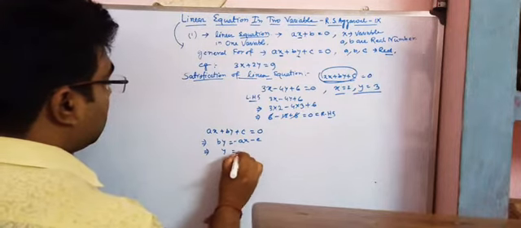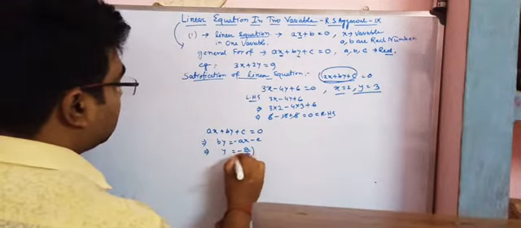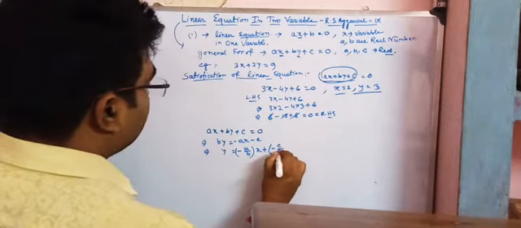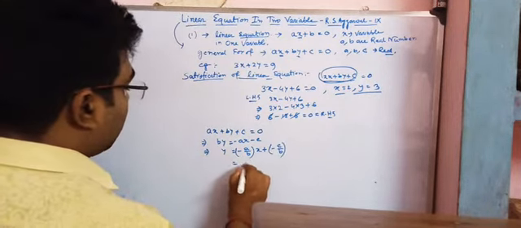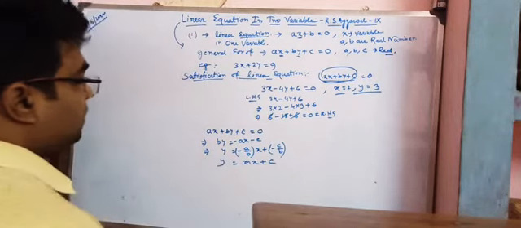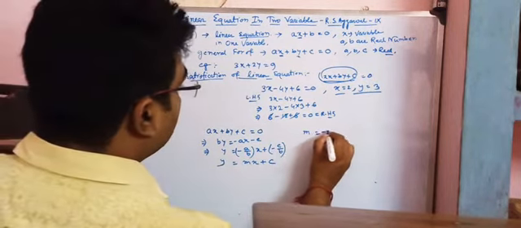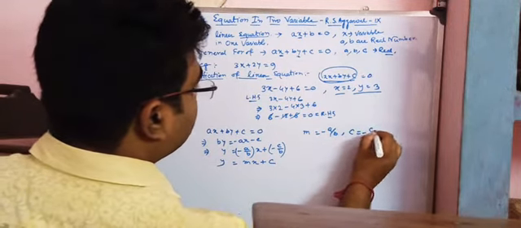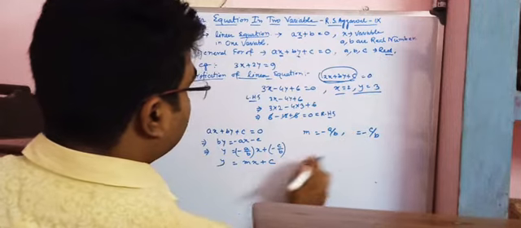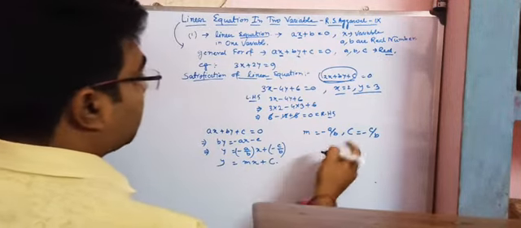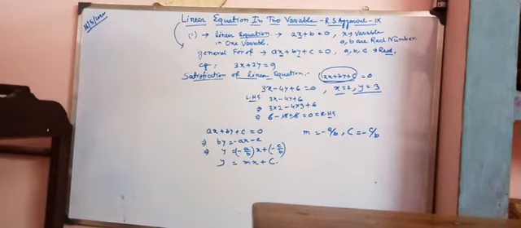That means y equals minus a by b into x plus minus c by b. Now we write it as y equal to mx plus C, where m is equal to minus a by b and C is equal to minus c by b. This is capital C, viewers. My capital C is equal to minus c by b.